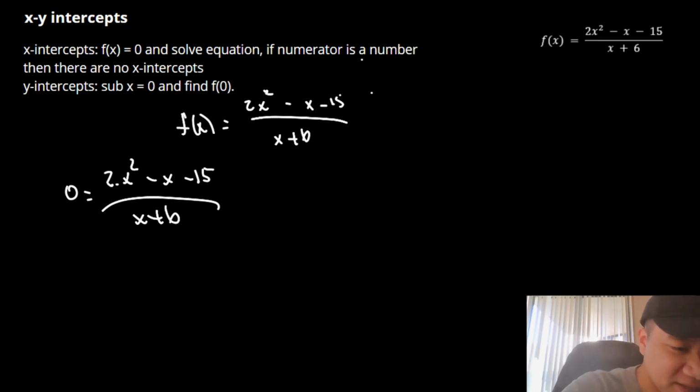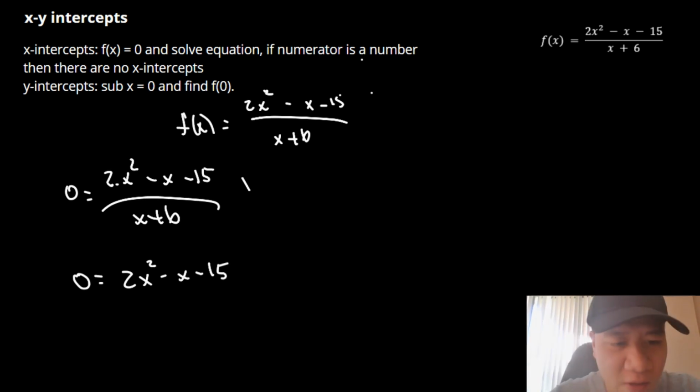Multiply both sides by x plus 6. We have 0 on one side, so that's gone. The bottom is gone. Okay, and even though it's a quadratic, we know how to solve quadratics. We just have to factor it and then get our two factors.